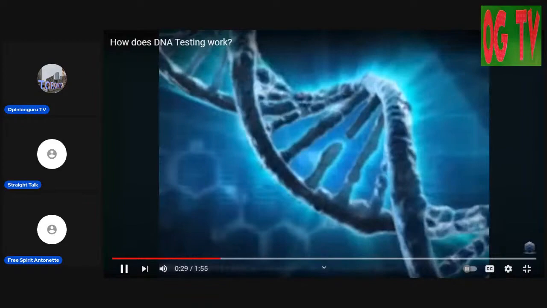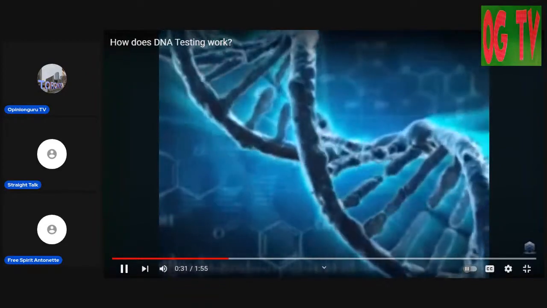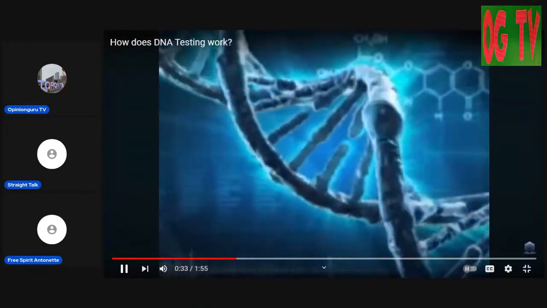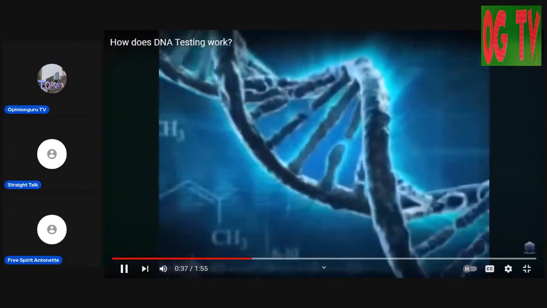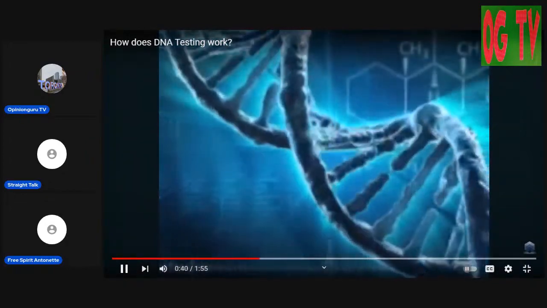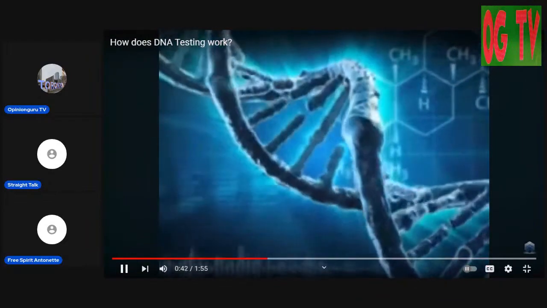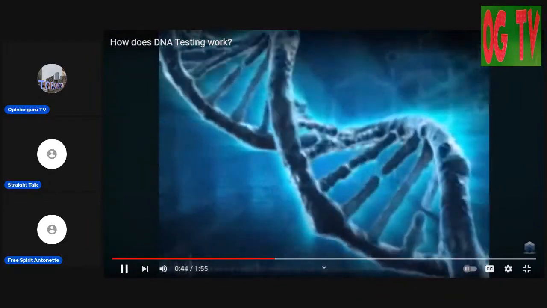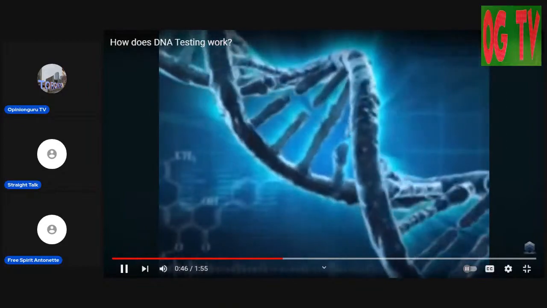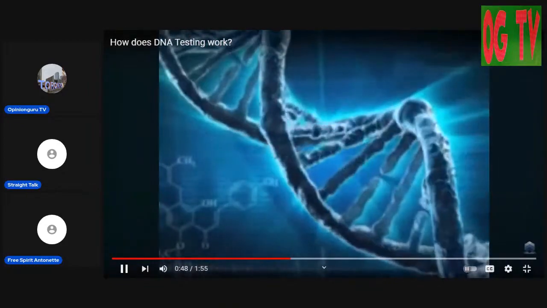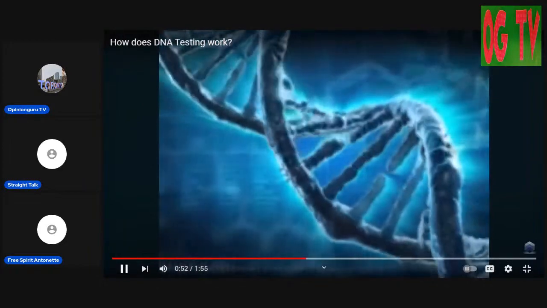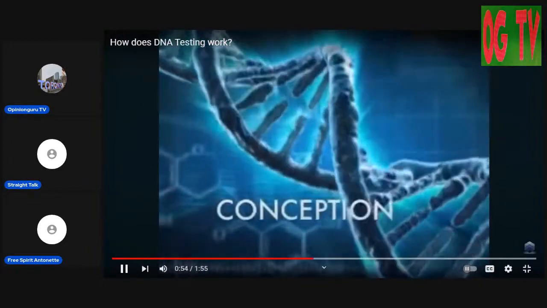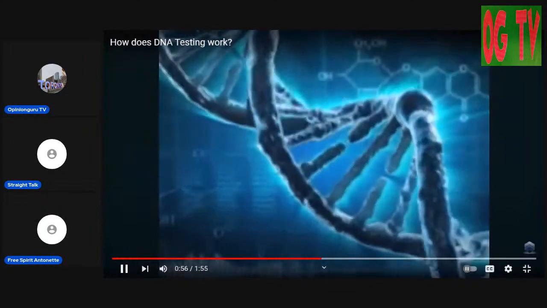The alleles are identified and given a unique number. These numbers represent a person's DNA profile. At each location on the DNA molecule, a person has two alleles. Therefore, when looking at a person's DNA profile, you will see two numbers for each part or location of the DNA analysed. At the point of conception, a child's DNA is formed.